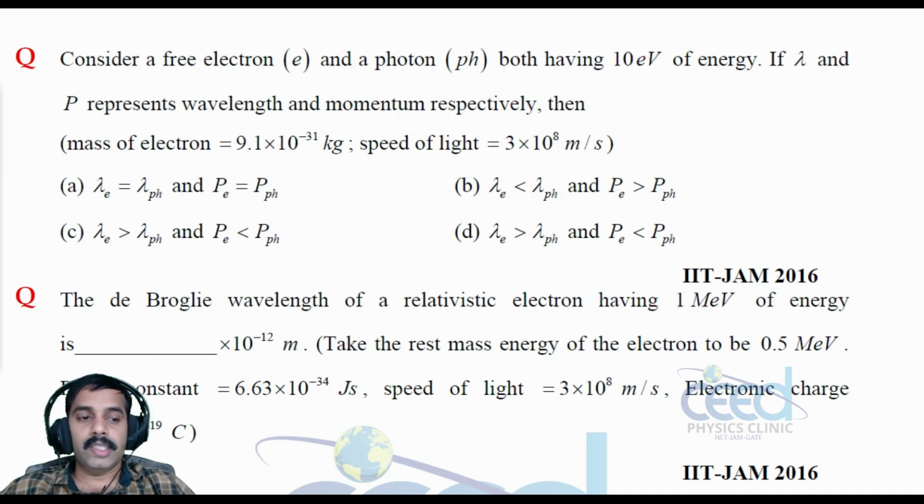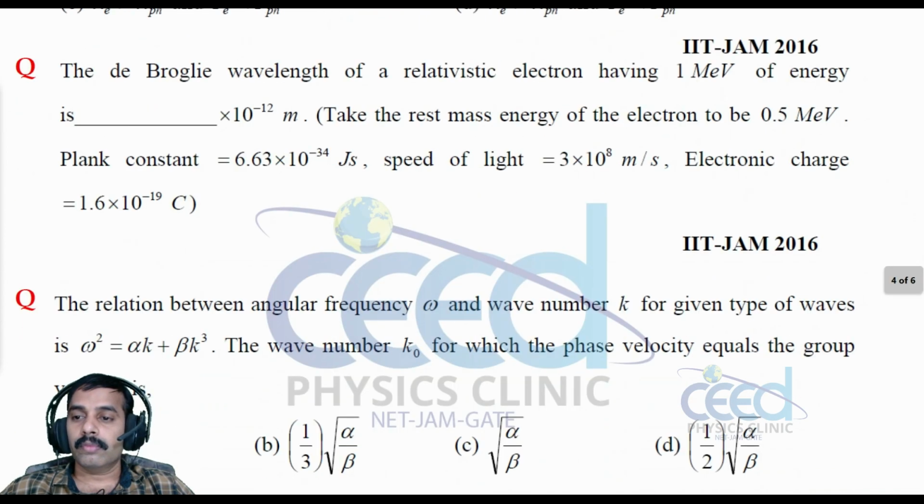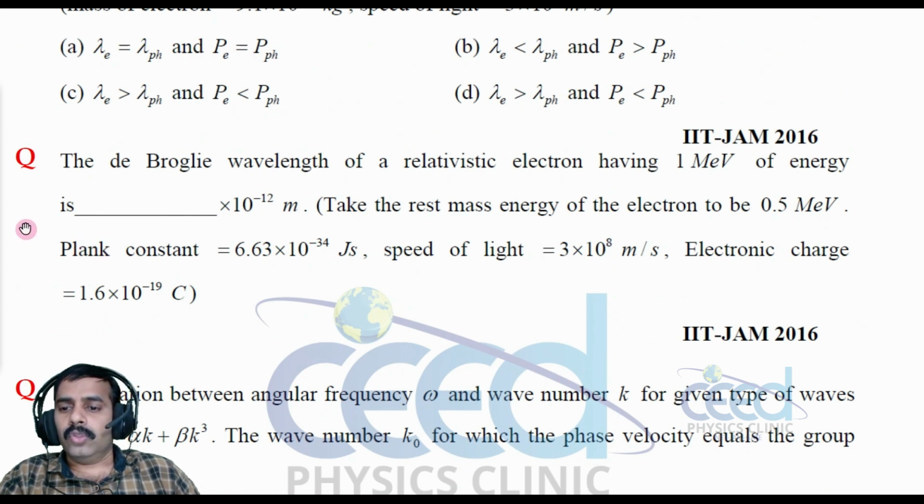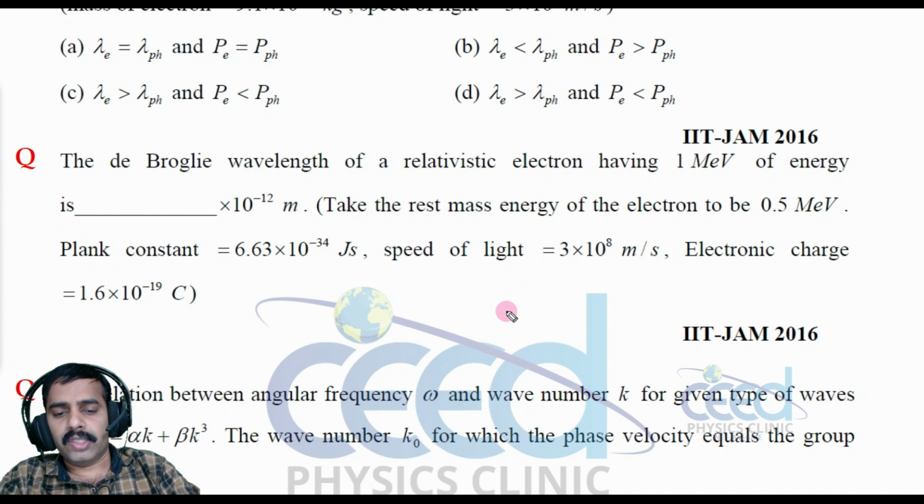The question is, the de Broglie wavelength of a relativistic electron having 1 mega electron volt of energy is dash into 10 raised to minus 12 meter, right? So in this problem you can use the relativistic energy equation.